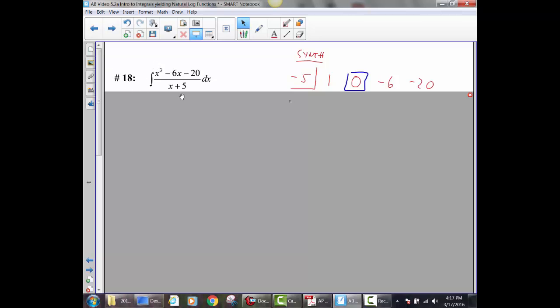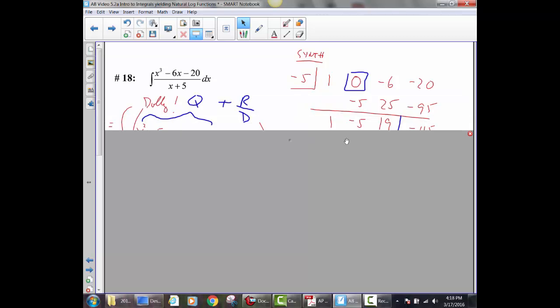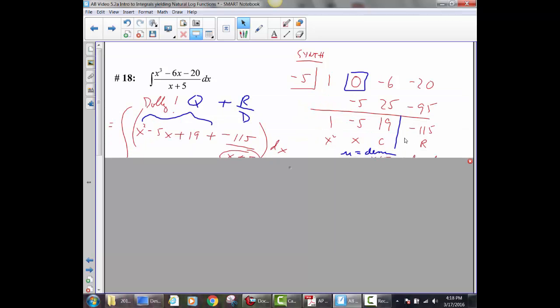Again, a dolly, degree of the top is 3, degree of the bottom is 1. I can use synthetic division this time. I am missing a term on top though, so I got to fill it in with a 0. So remember that's your remainder, your constant term, your x squared. So it's 1x squared minus 5x plus 19 plus my remainder, negative 115, over my divisor, which is x plus 5.